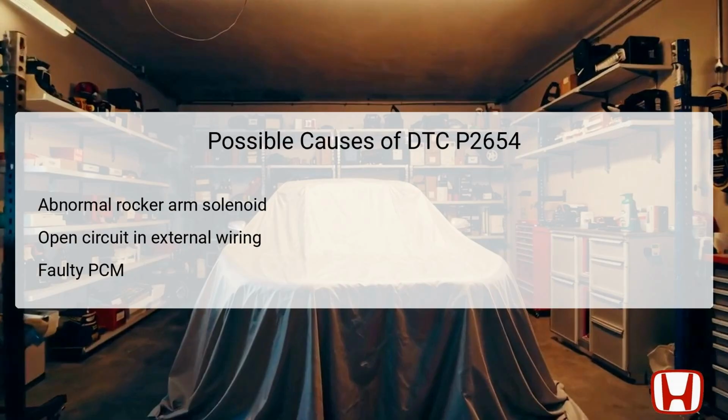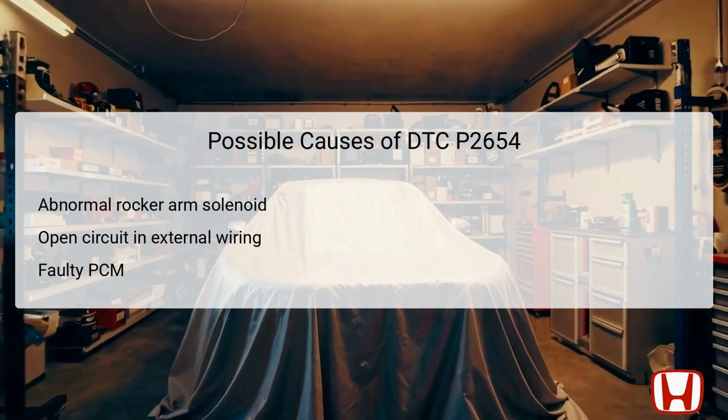Several potential causes could lead to the activation of DTC P2654. First, an abnormal condition with the rocker arm oil control solenoid is a primary suspect. Either the solenoid itself may be defective or it is not functioning properly. Second, there could be an open circuit in the external wiring, particularly concerning VTS2 and PG connections.